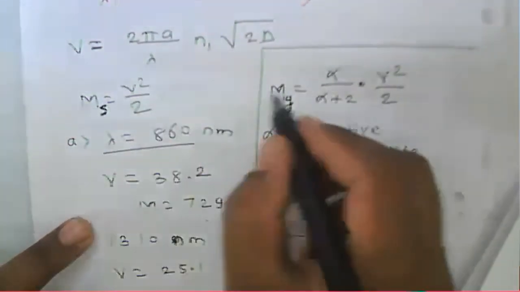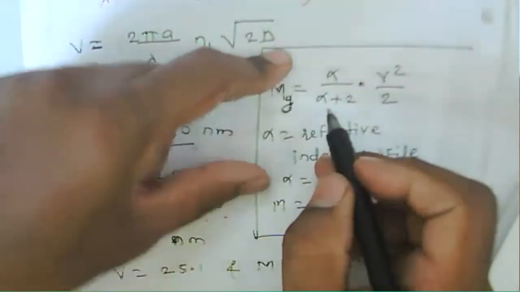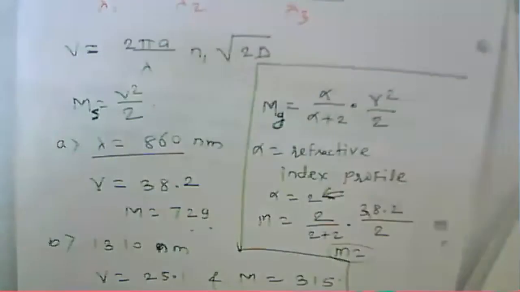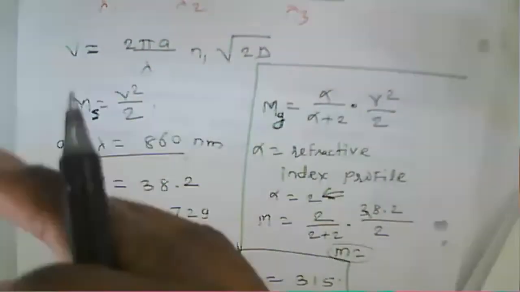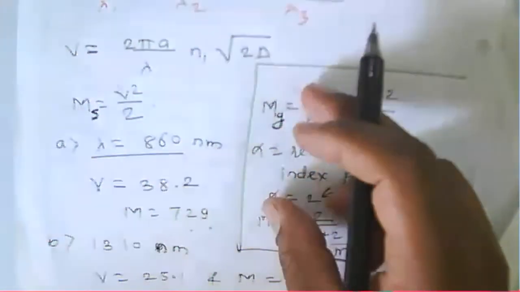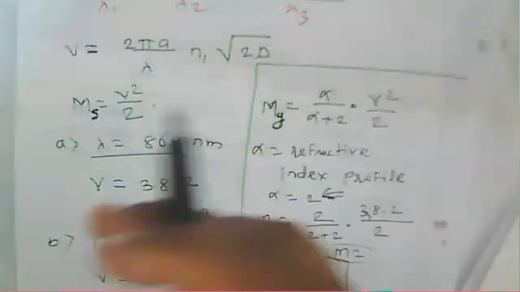In the graded index fiber, the number of modes depends on the profile, as well as the wavelength, the radius and all the factors, so we need to know the index profile.